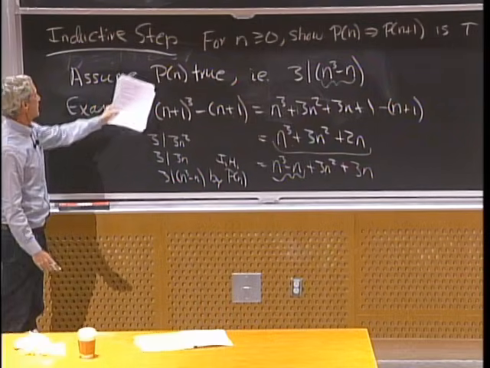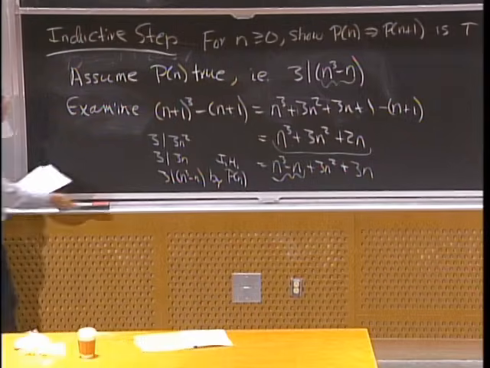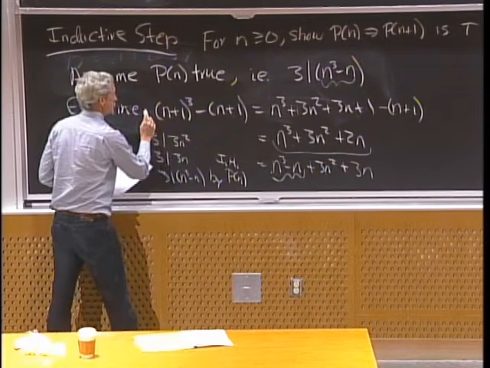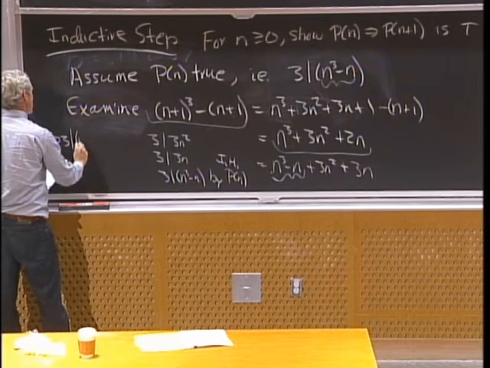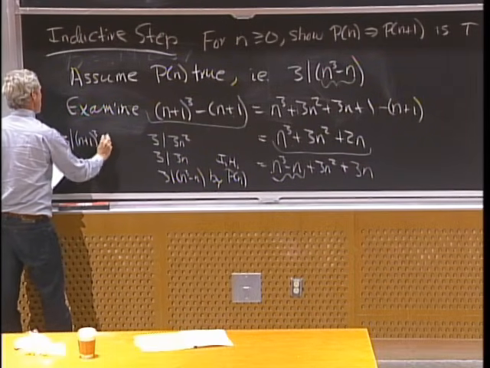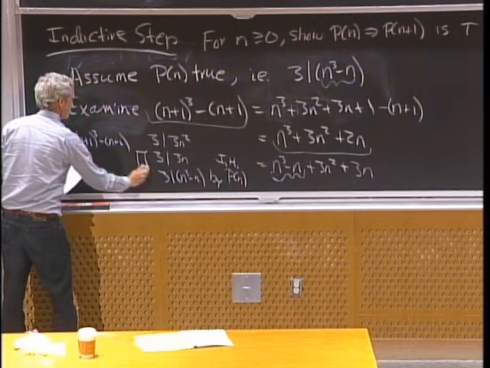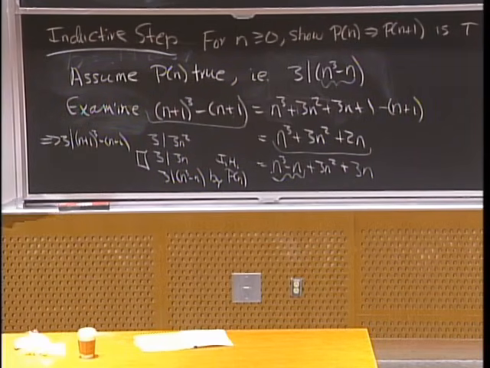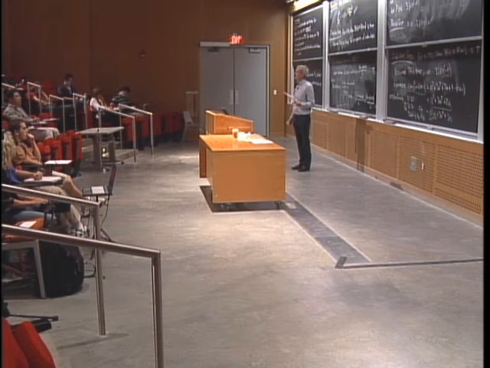Pn is the inductive hypothesis, another name for it. So therefore, 3 divides that, which means 3 divides this. So that means 3 divides n plus 1 cubed minus n plus 1. And we are done with the proof by induction. Any questions about that one?